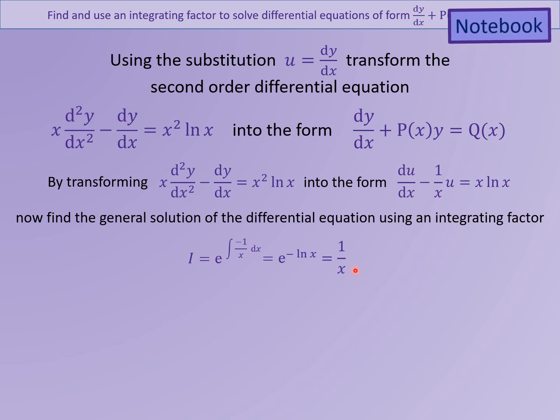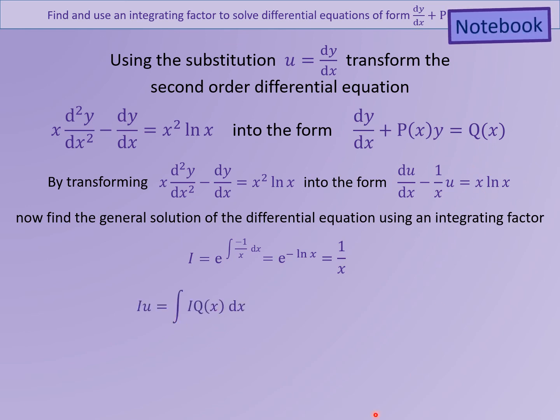Once we've got our integrating factor, we know that on this side of the equation, this part just here is just going to go to 1 over x, y. That's the integrating factor times y, which means it's just going to go to y over x. This side here was x squared ln x, here it is, but I divided by x, so it's x ln x. So this part I need to work out to integrate.